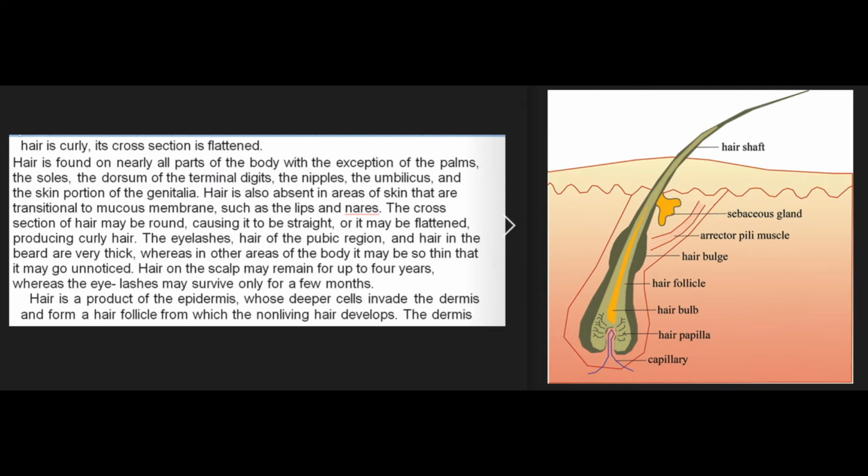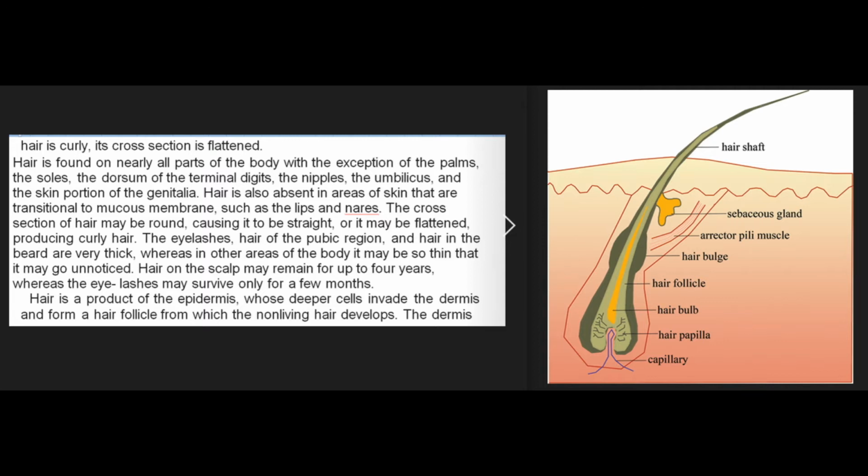Hair is also absent in areas of skin that are transitional to mucous membrane, such as the lips and nares. The eyelashes, hair of the pubic region, and hair in the beard are very thick, whereas in other areas of the body it may be so thin that it may go unnoticed.